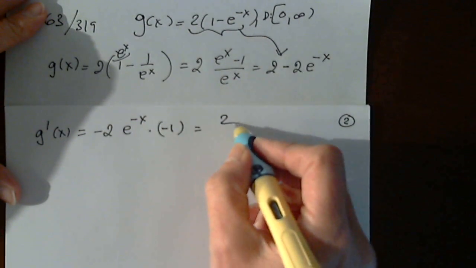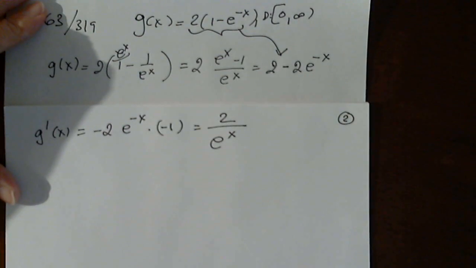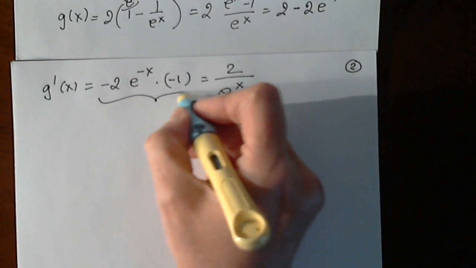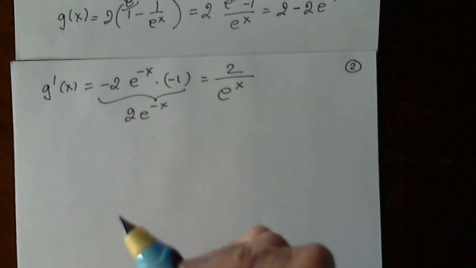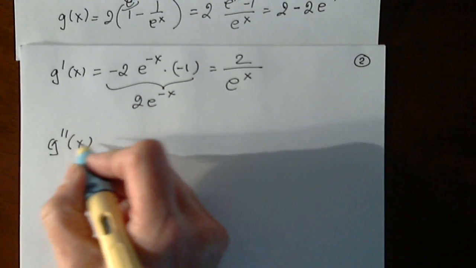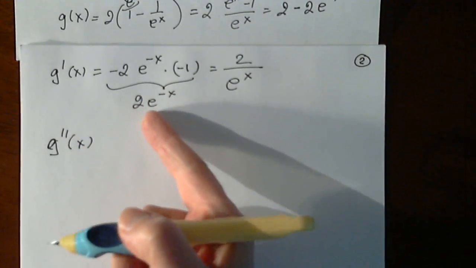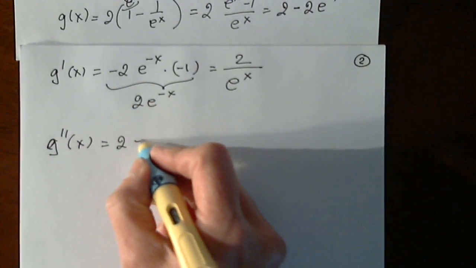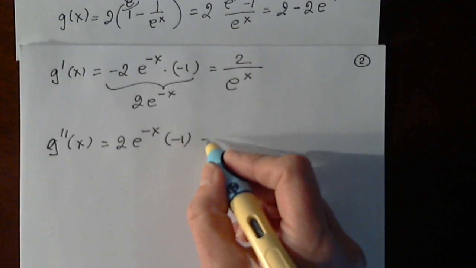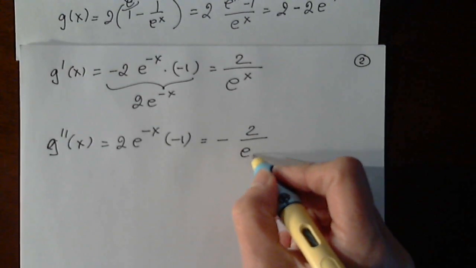So this is nothing else but 2 over e to the x, which is 2e to negative x. When I differentiate again, I'll get the second derivative of g, which is 2e to negative x times negative x prime, which is negative 1. So this will be negative 2 over e to the x.